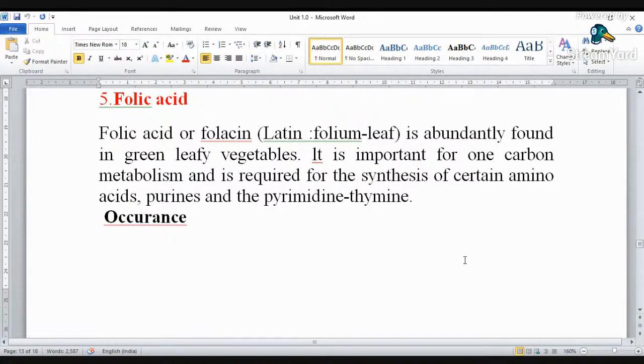Then today we are going to see the next vitamin, that is folic acid. Folic acid, or folacin, from the Latin folium, is abundantly found in green leafy vegetables.